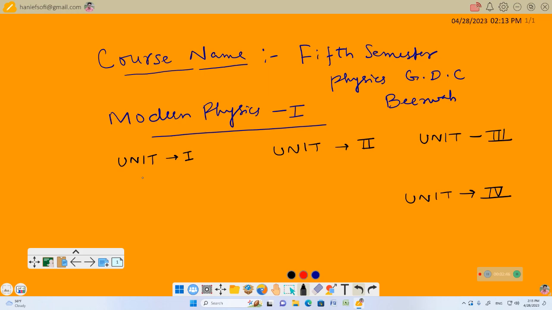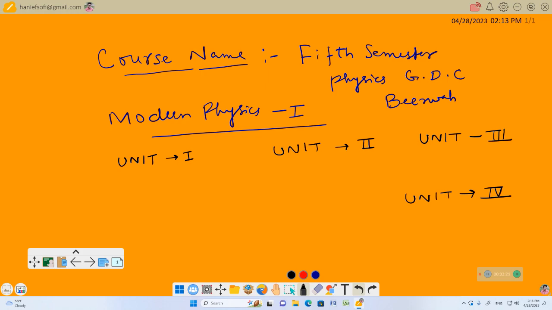Now in unit 1, we have ideas like black body radiation, Planck's radiation law, photoelectric effect, Compton effect, Heisenberg's uncertainty principle, and other related ideas. Unit 2 deals with Schrodinger wave equation, time independent form, expectation values, particle in a box, tunnel effect, and quantum numbers broadly.